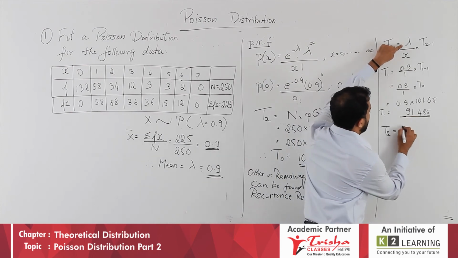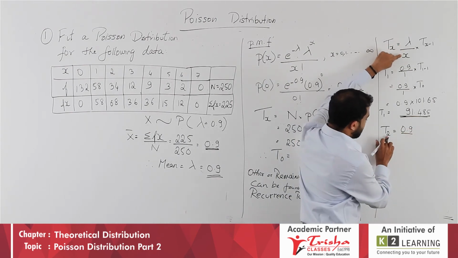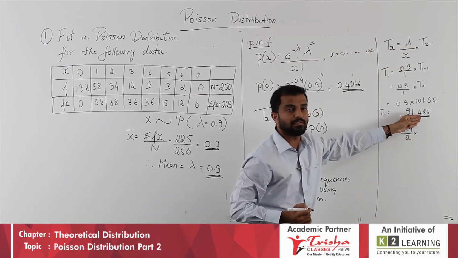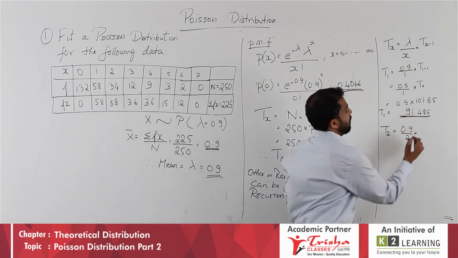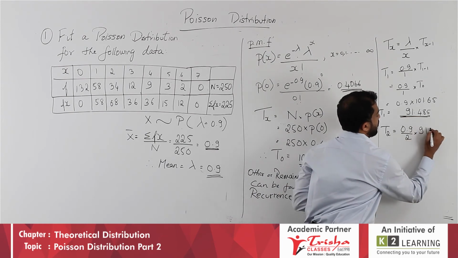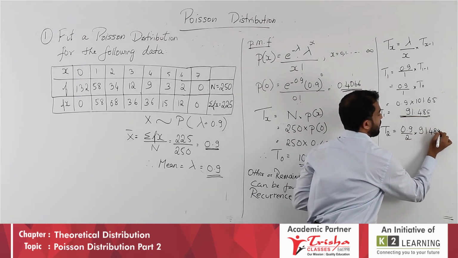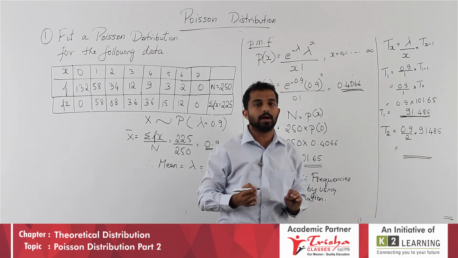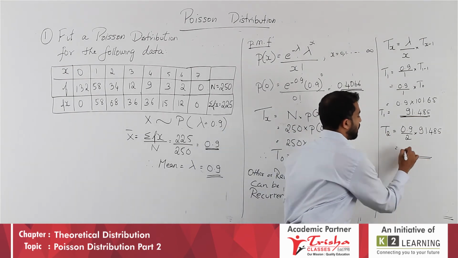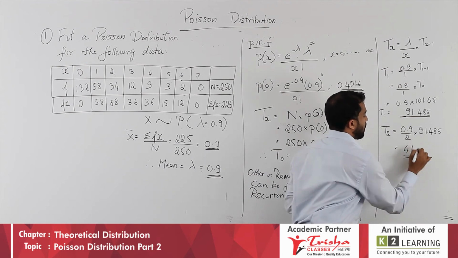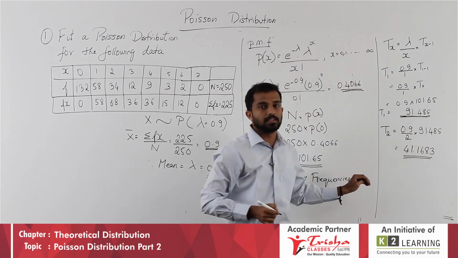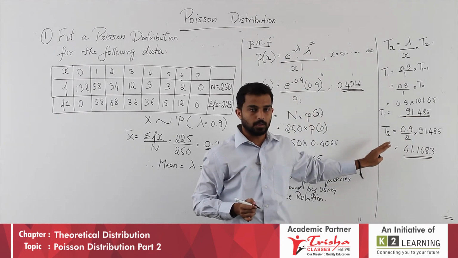Lambda is 0.9 by x is 2 now, into the previous frequency, that is T1, we have got 91.485. When we multiply this and divide it by 2, students, we need to get 41.1683. This is what we need to get for T2.